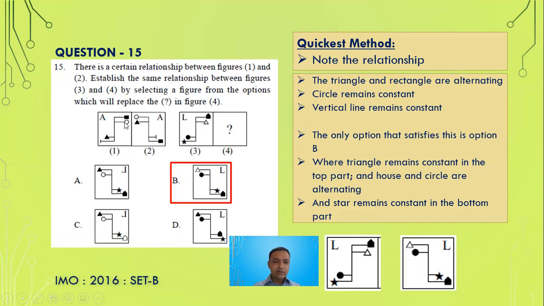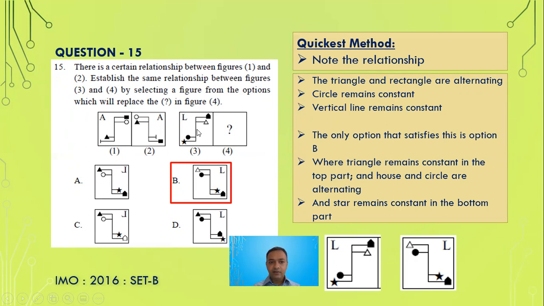Here the circles are constant, the shaded rectangle is coming here, and the triangle is going there, and the vertical lines are constant. So the only option which satisfies is option B, isn't it?